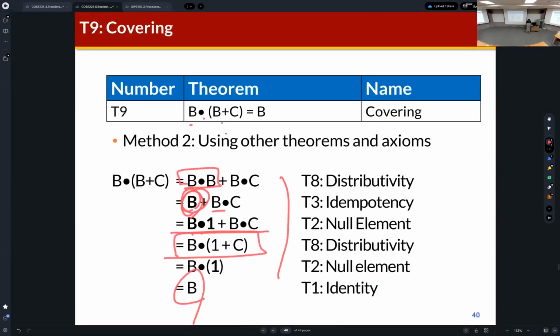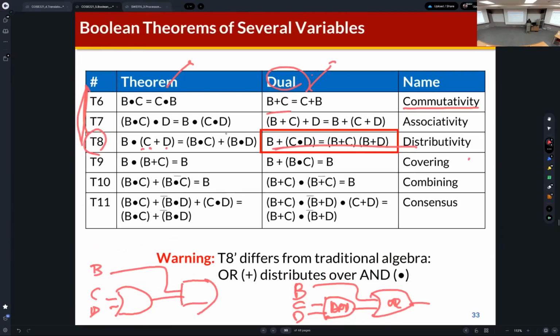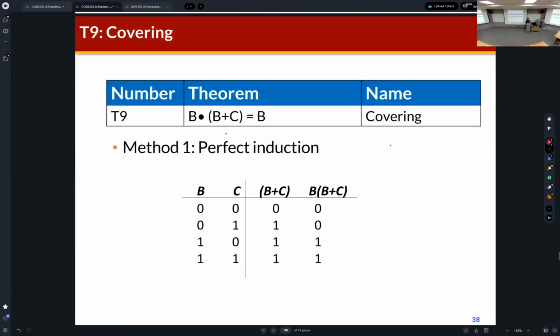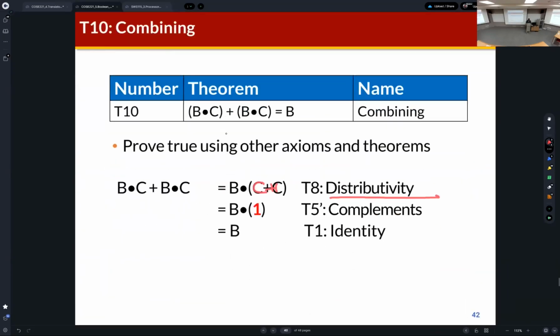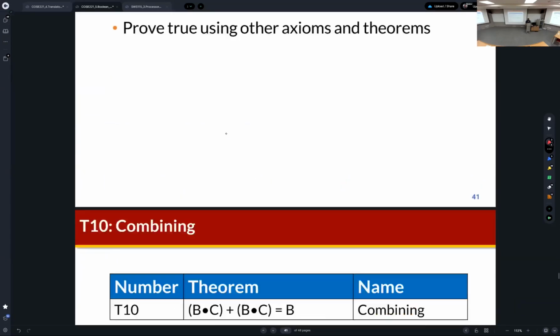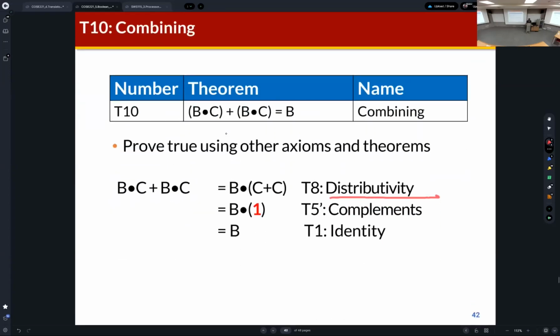I think there is something missing here. Oh, it is missing, because I need to write some line above this C. This bar is missing. Okay, so this is bar.